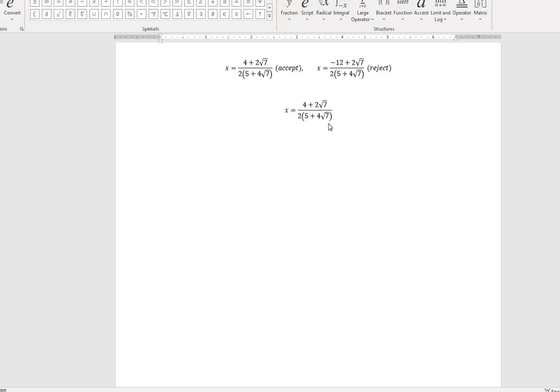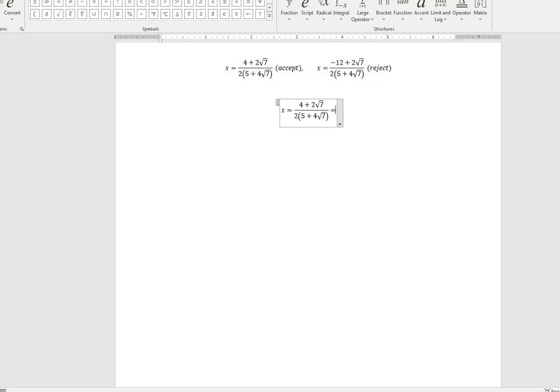So we only accept one value of x, which is this one. But don't forget to rationalize the denominator, since the denominator cannot have a radical in it. So you're going to rationalize the denominator now.